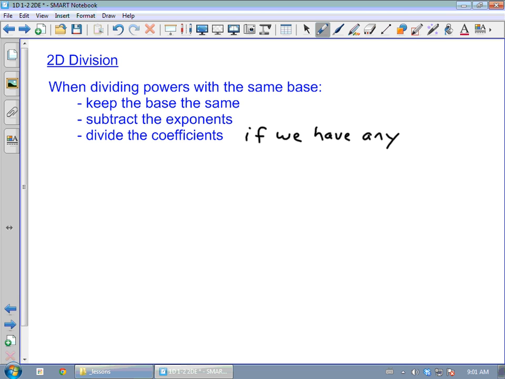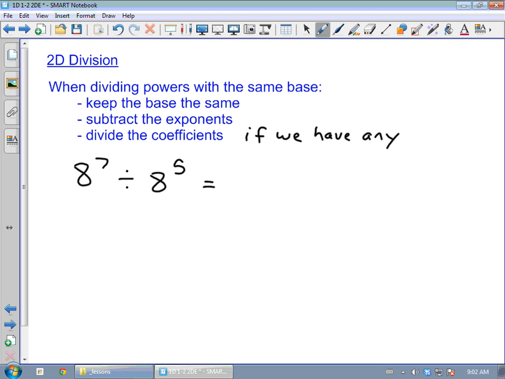So we'll start with one that just has numbers. We've got 8 to the power of 7 divided by 8 to the power of 5. First, we check to see if our base is the same. And yes, we have the same base, 8 in both cases.